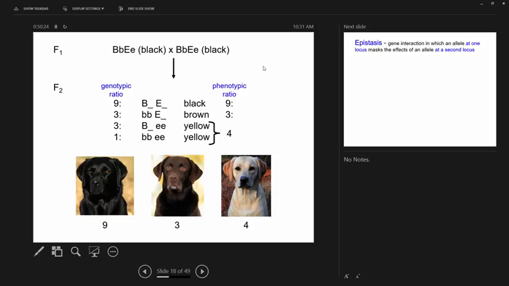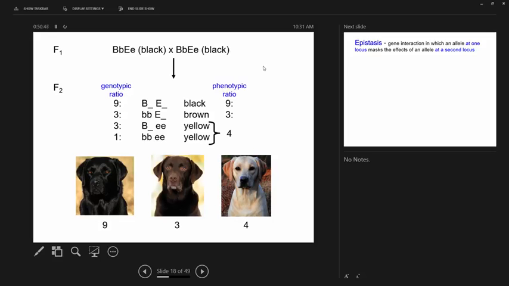Big B is dominant to little b. Big B is for black, little b is for brown. But you notice something about everybody from where I'm drawing this line up is that they both have a big E blank. These 2 down here both have little e.